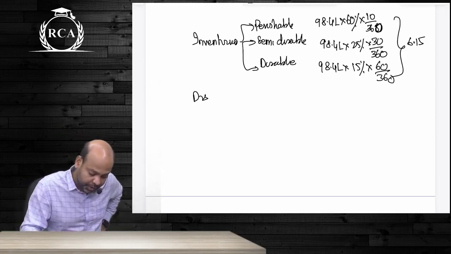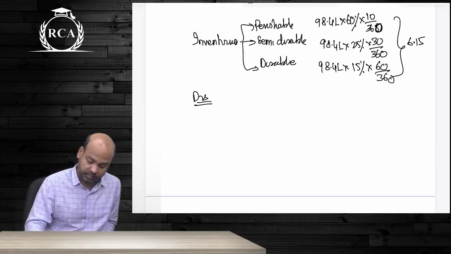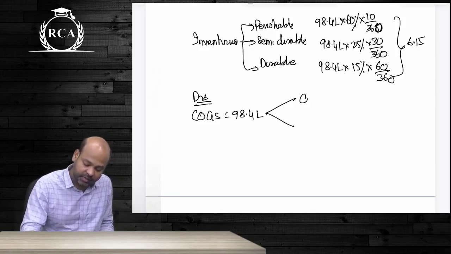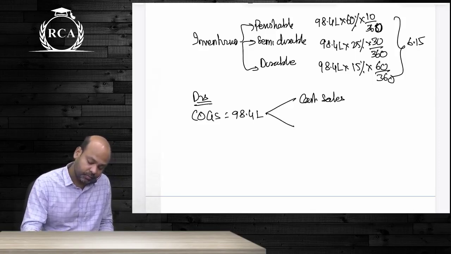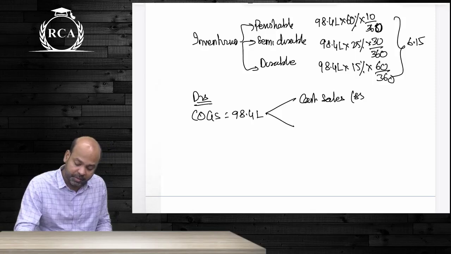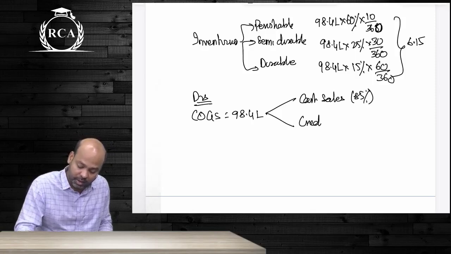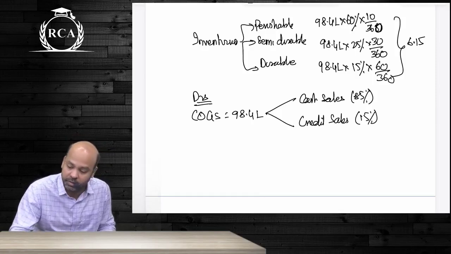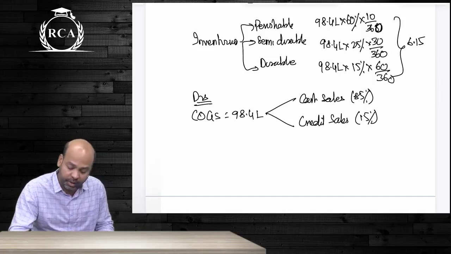Now for computing debtors, guys. Your cost of goods sold is still 98.4 lakhs. Out of this, cash sales and credit sales are how much? 85%. I don't care about that amount. I only care about credit sales. Credit sales is 15%. Only 15% is paid through POS, right? How much will that be? 14 point.